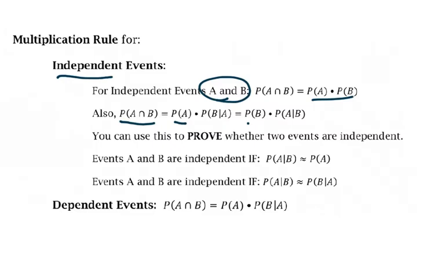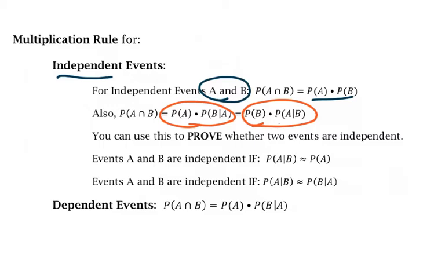We can use this to prove whether two events are independent. So if we ask you a question that says, are these two events independent or dependent, you can actually use that formula to prove whether or not they're dependent or independent. So if this is equal to this, then you know that they're independent.